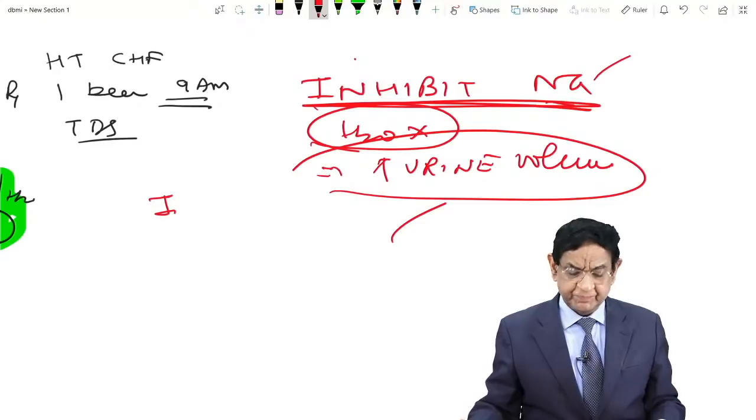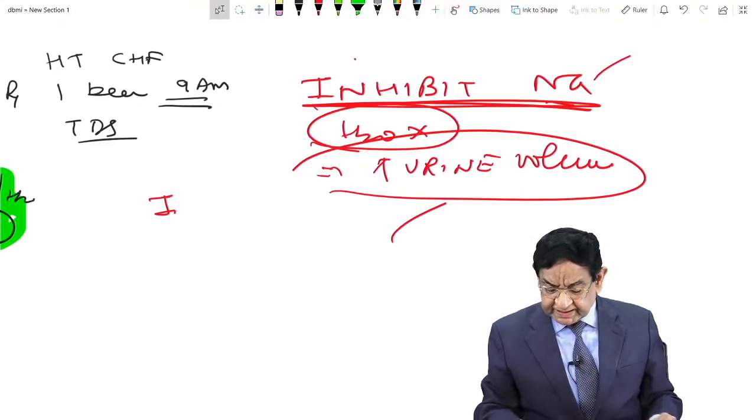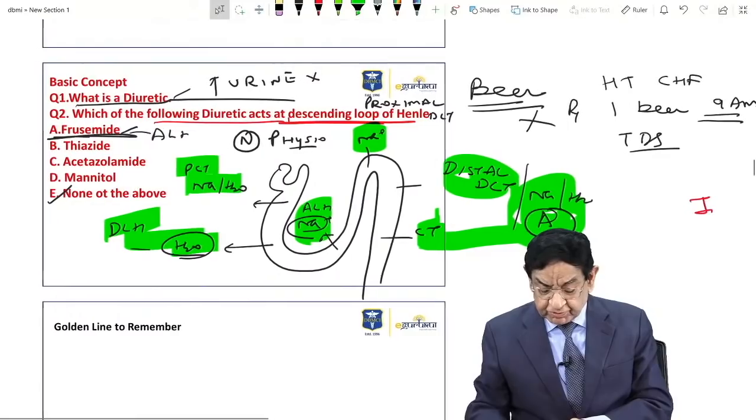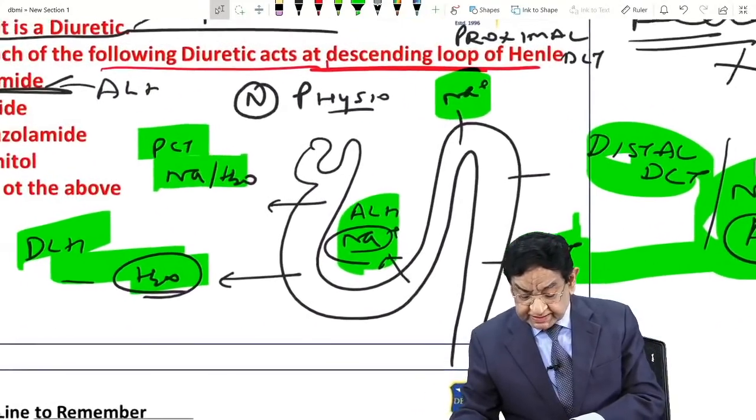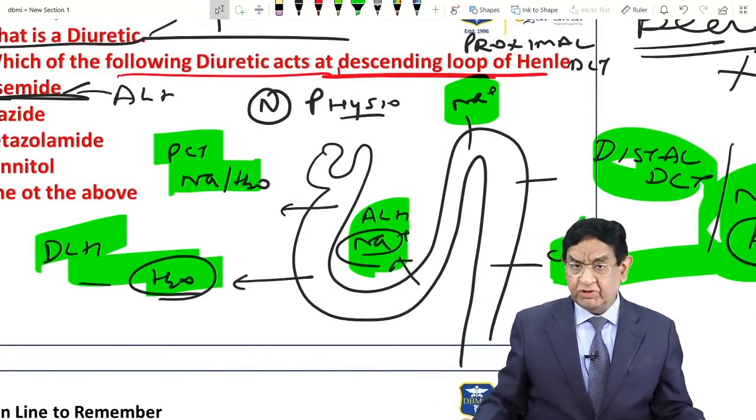This is a diuretic. With this background of basic understanding, now we come to the pharmacology. Let's learn about the pharmacology of the diuretics.